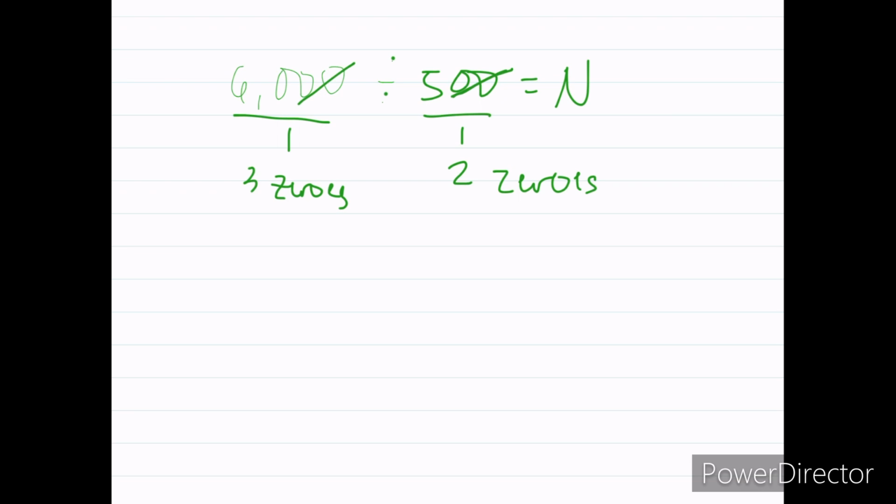After we drop or cross out the shared zeros, divide the remaining numbers. So we divide the remaining numbers. In our dividend, we have just 60 divided by, in our divisor, since the two zeros were removed, only 5 is left, is equal to n.